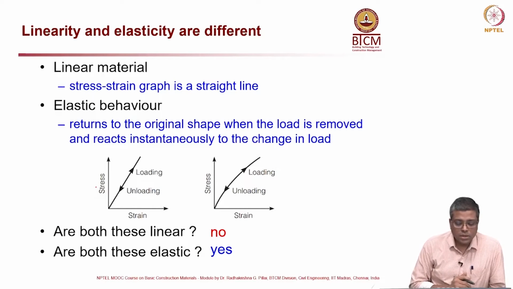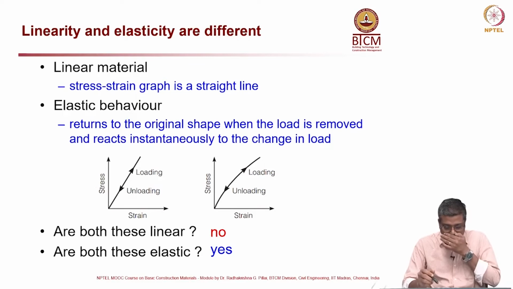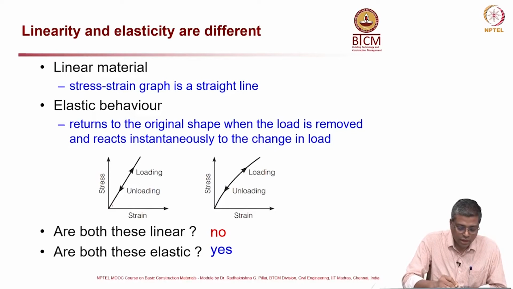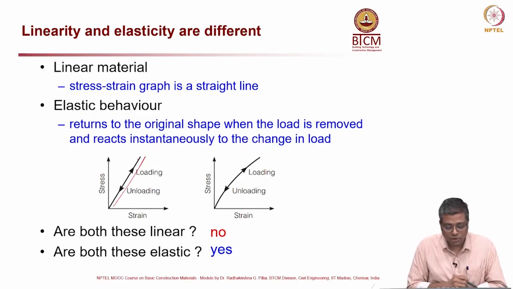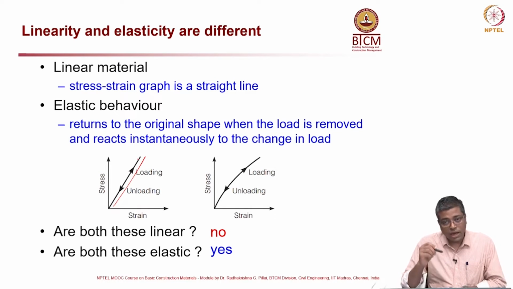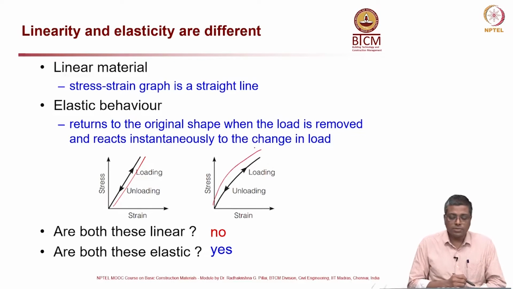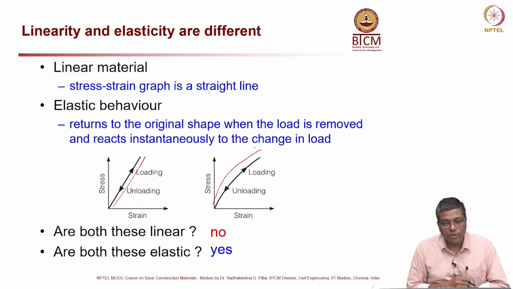Now, when you look at stress strain behavior, you can see sometimes the graph looks like a straight line, sometimes curved like this on the second. For a linear material, the graph will be a straight line like the first one. For elastic behavior you can have elasticity, but it need not be linear all the time, so there could be curved graphs like this also.